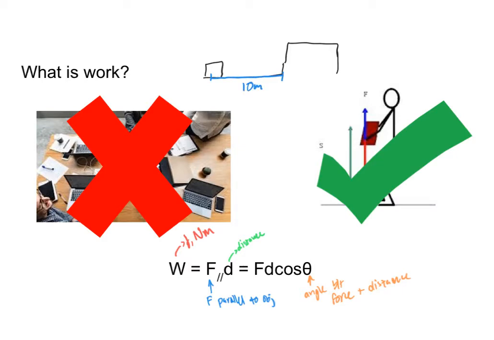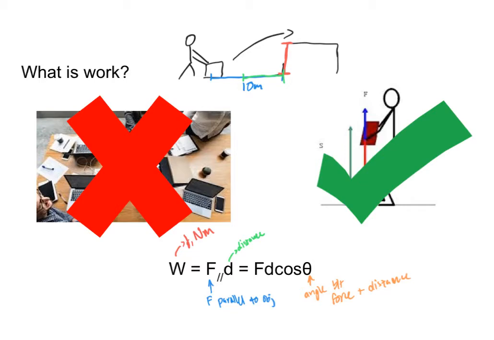If I lift up my box and carry it to the table, the only work that I'm doing is the work required to lift it up the height of the table. It doesn't require any more work to carry the box horizontally 10 meters than it does to move the box horizontally 5 meters, because the only point where I'm doing work on the box is when I'm resisting that gravitational force and moving up.